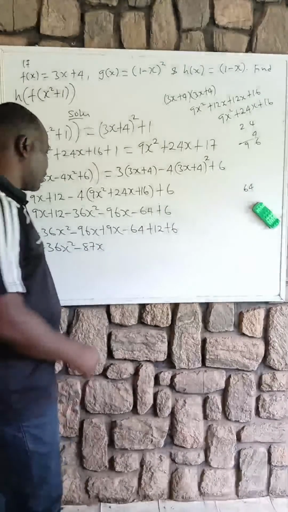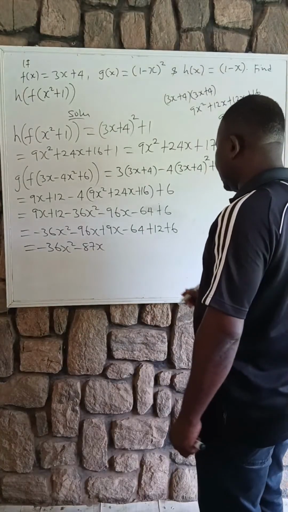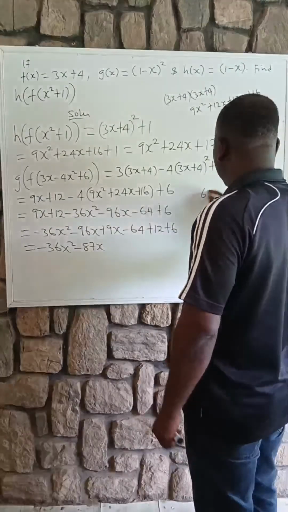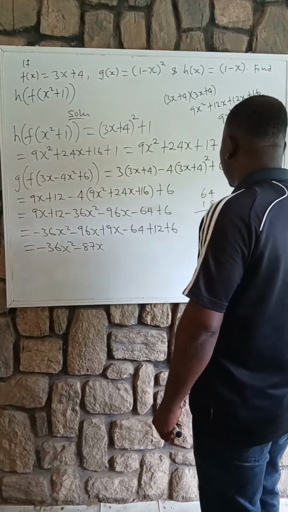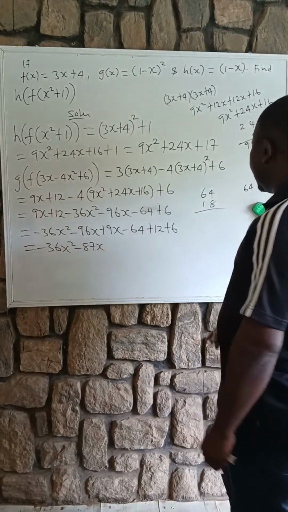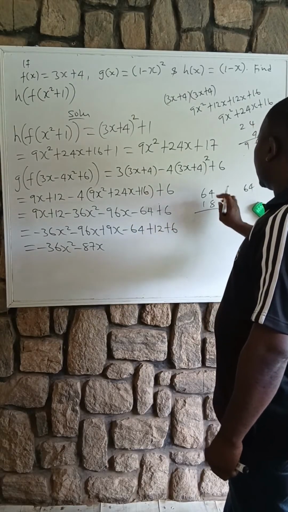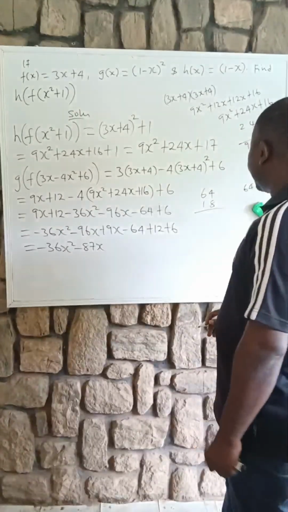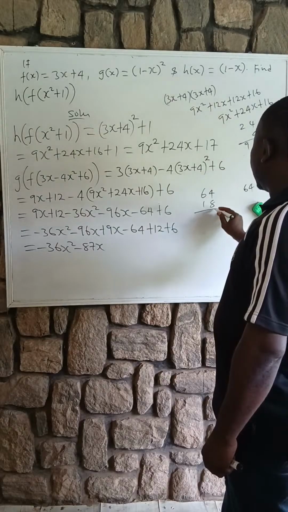True or false? Okay, let's consider this. Here we are going to have 18, right? 64, 18, 14, right? Minus 8, right? So 14 minus 8, 6.